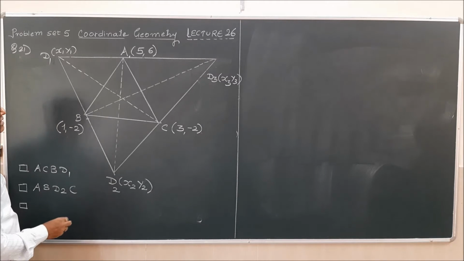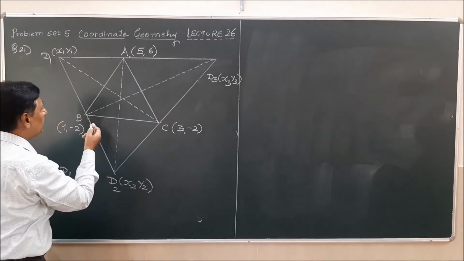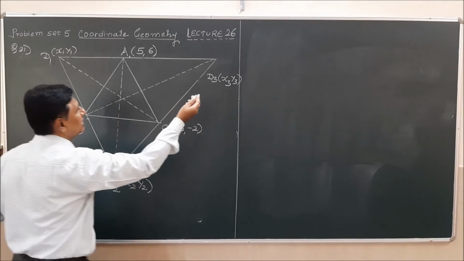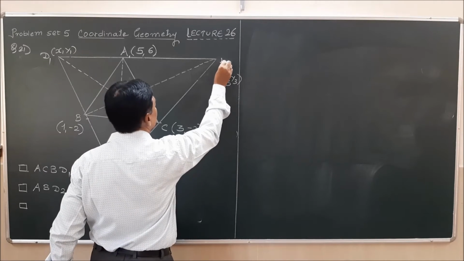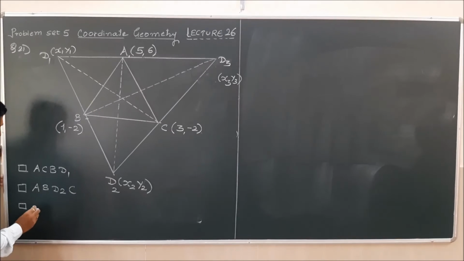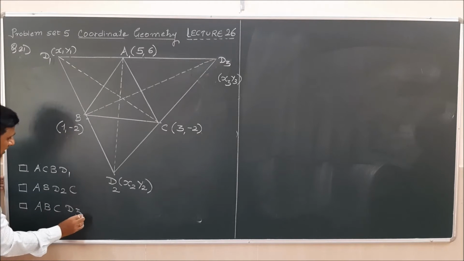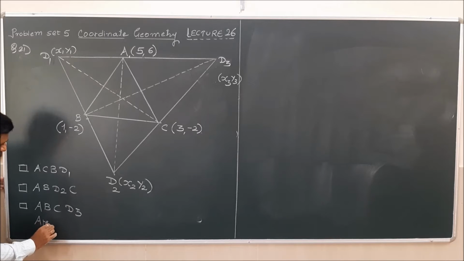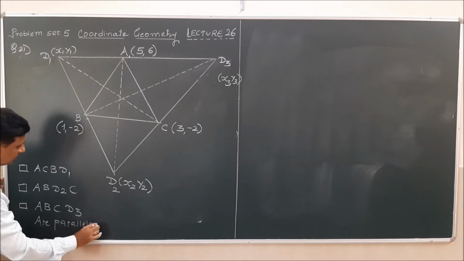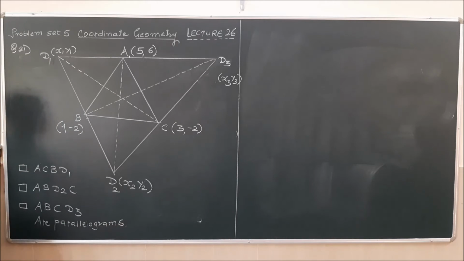In the same manner, the third one is ABCD3. This is D3. ABCD3 are parallelograms. These all are parallelograms.